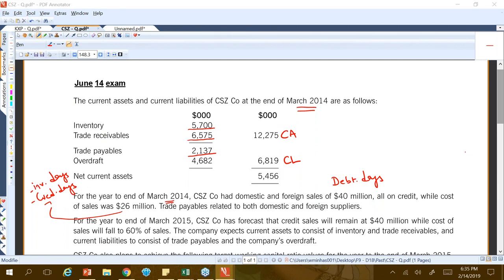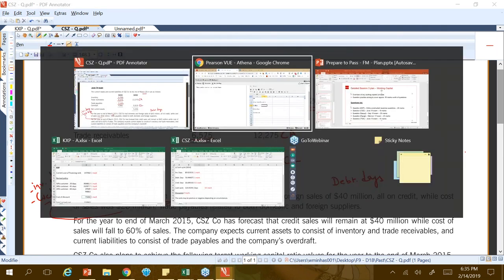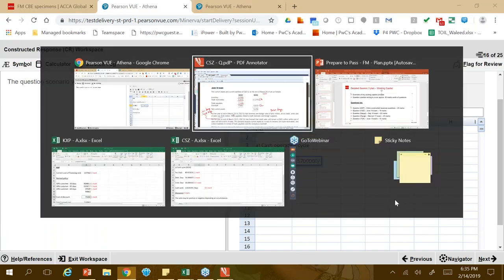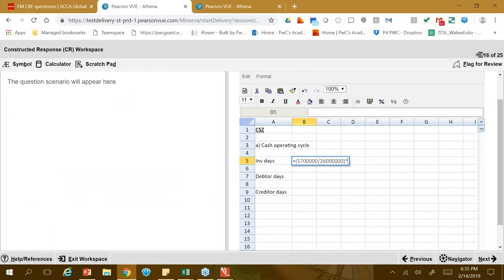So 5,700 over the cost of sales, which is 26 million, into the 365. This should give us our inventory days, which come out to be 80.02.